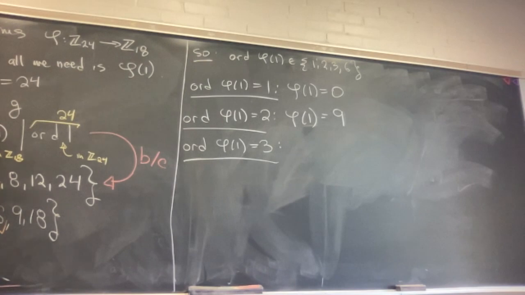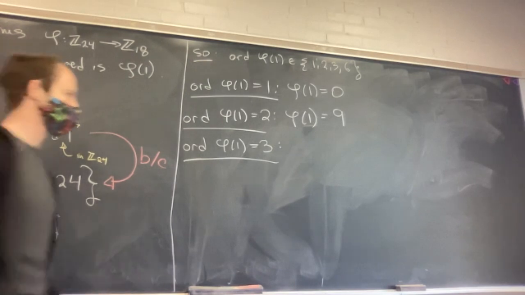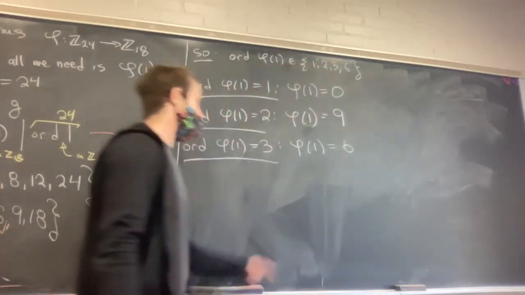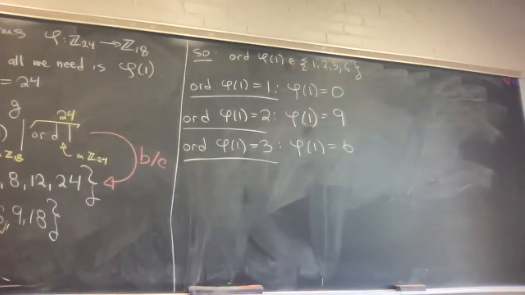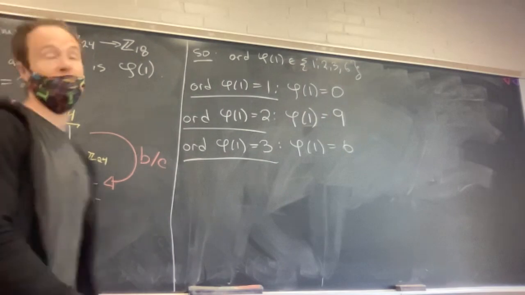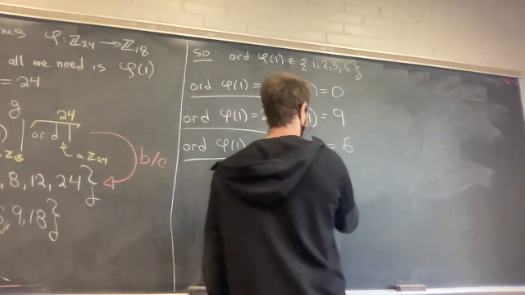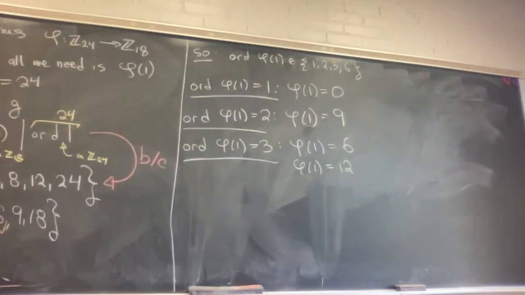So 6: phi of 1 is 6, because 6 plus 6 plus 6 is 18, which is 0. But there's one more. It's also 12. So phi of 1 is 12 also works, because 12 plus 12 plus 12 is 36, which is 0, and 36 is 2 times 18.